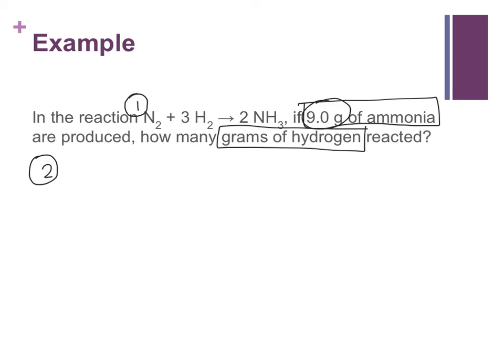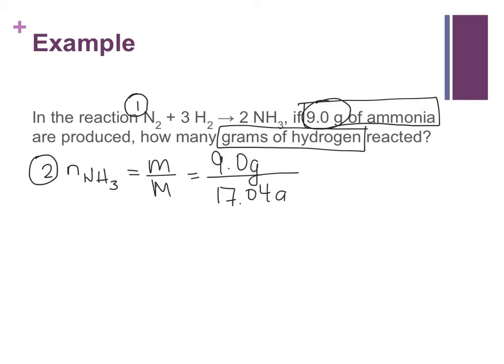So to find the moles of ammonia, we're going to take the mass and divide it by the molar mass. So 9.0 grams, and then the molar mass of ammonia is 17.04 grams per mole. You're using it for just ammonia.